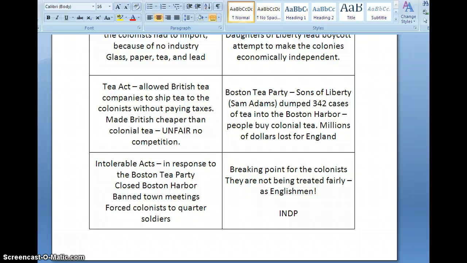They need independence. Independence now. They have to have independence. They are tired of these things. It is the breaking point. It's the last straw. It's independence now.